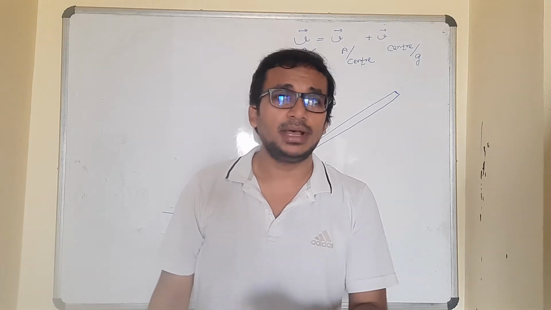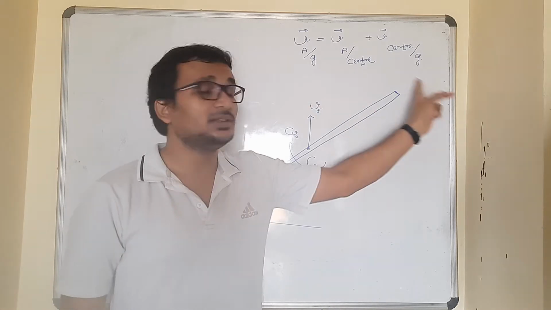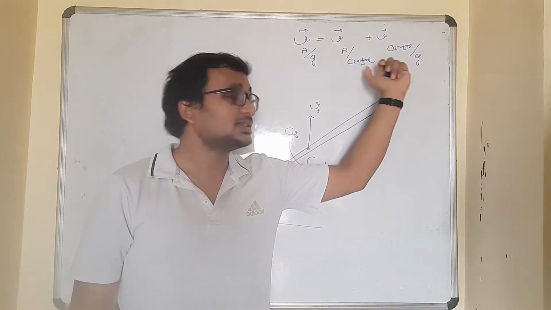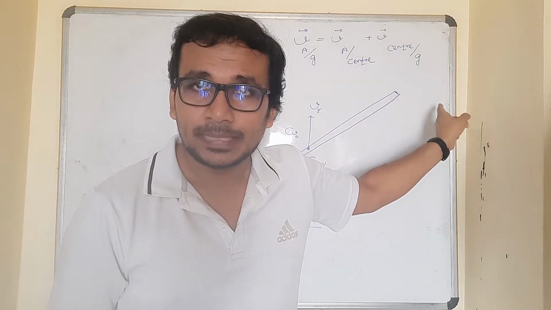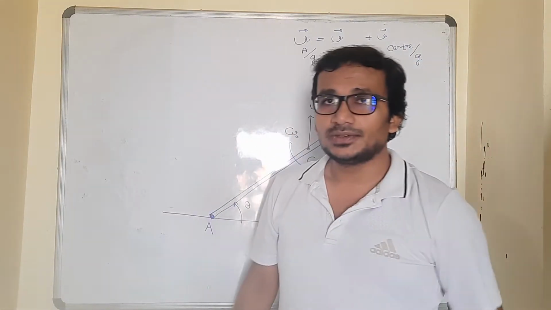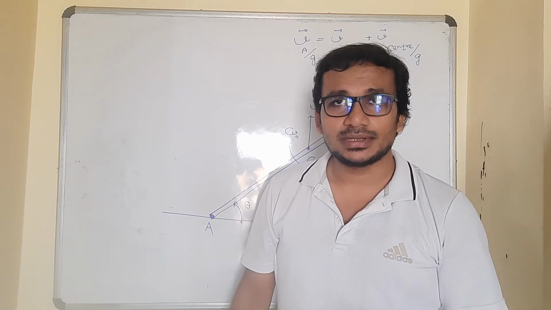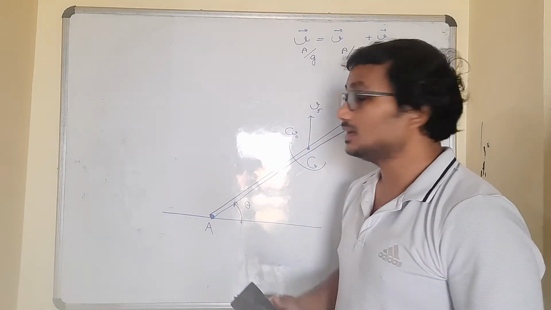Now the motion is combined. In combined motion, directly I can't write. I have to go by this method. I have to take center as intermediate. So velocity of A with respect to center plus the velocity of center with respect to ground, a vector sum of the two, is going to give me the absolute or resultant velocity of the point A with respect to ground. Is that clear?